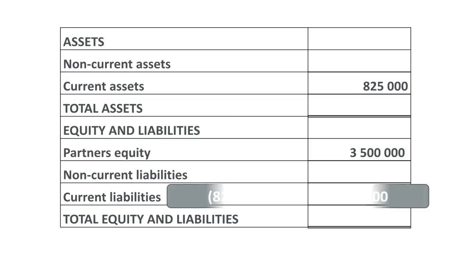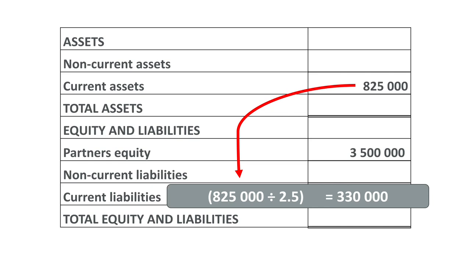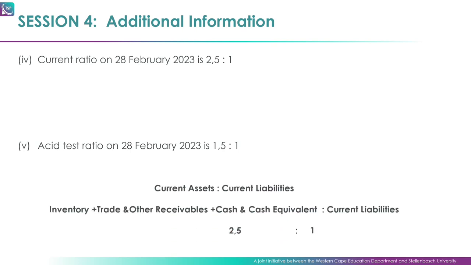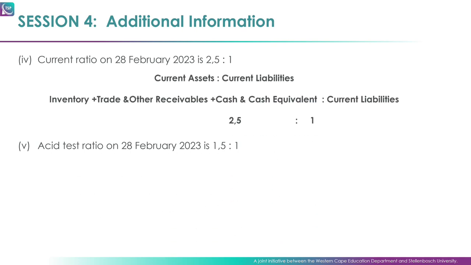And then, how did we have to calculate the current liabilities? You had to take the 825,000 divided by the 2.5, which will give us 330,000 Rand. Now in this case, the trade and other receivables amount is actually given. However, I would like to show you how we could calculate it if it was not given. Okay, so just a reminder.